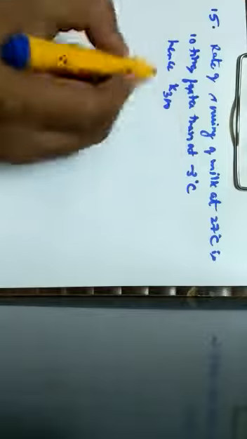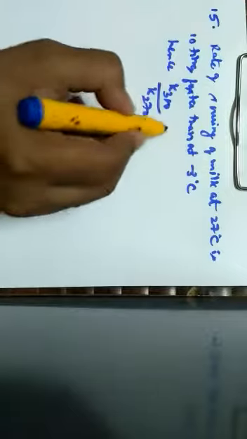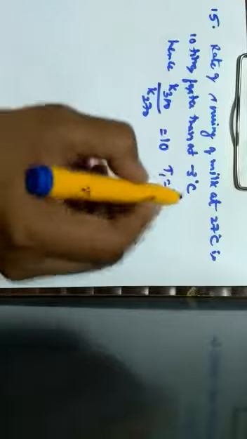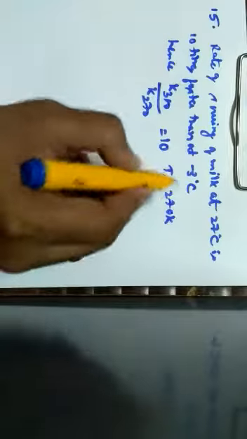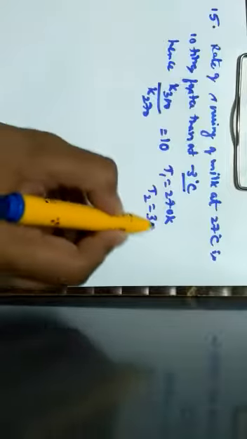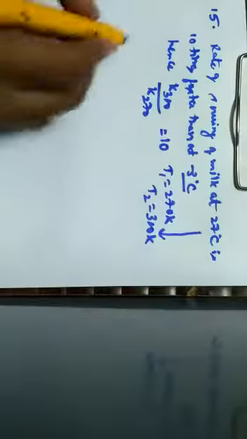Minus 3 means it will be 270 Kelvin. That is, the ratio of K at 300 to K at 270 is 10 times, because T1 is 270 Kelvin, minus 3 degrees Celsius, and T2 is 300 Kelvin, 27 degrees Celsius.